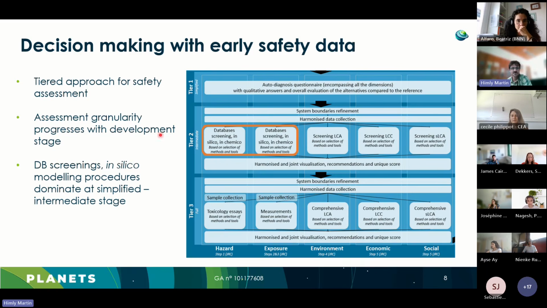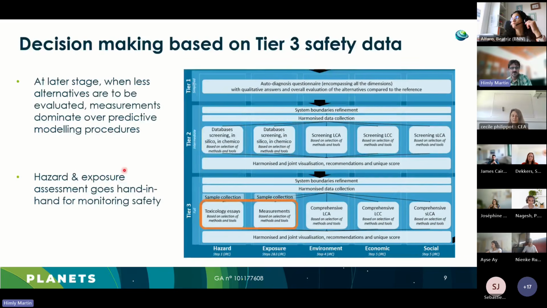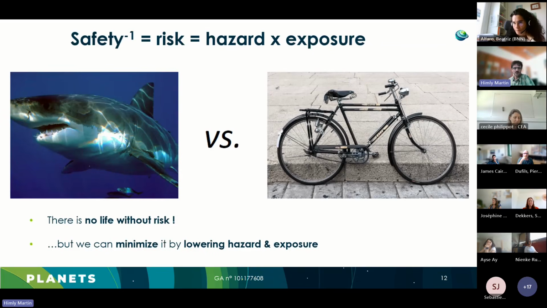At the tier 2 level, so in the intermediate assessment, we are already starting to get some quantitative values, but mainly getting them from database screening, for example, from in silico, in chemico experiments or in silico modeling, and then at the tier 3 level, hazard assessment and exposure assessment determination are going to be conducted. What we talk about today is safety, which is actually the inverse of risk, and risk is equal to hazard and exposure.